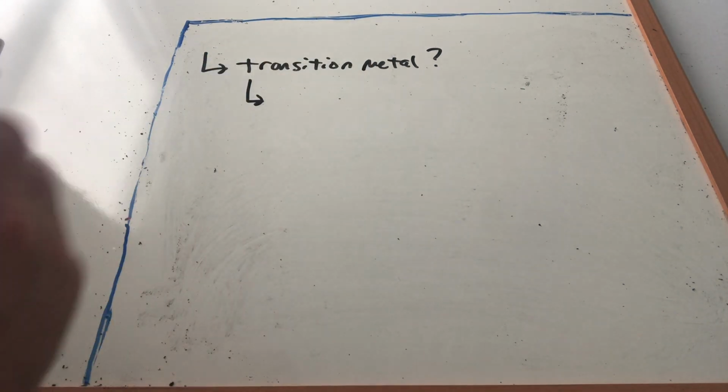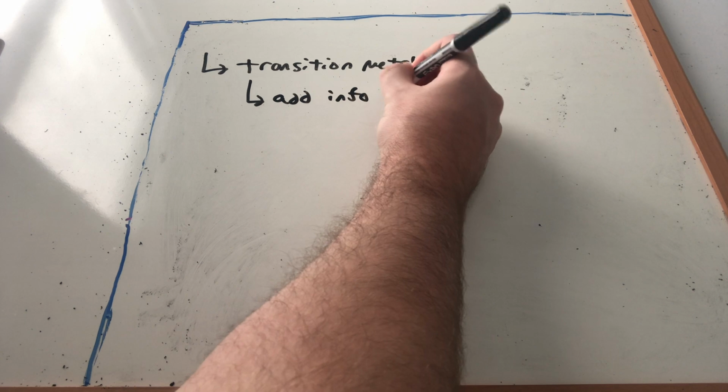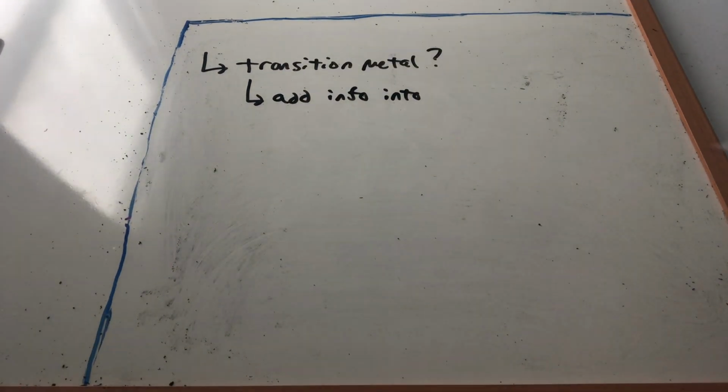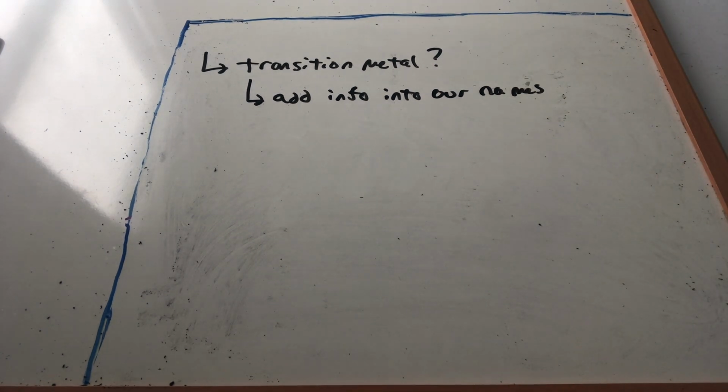Well, with transition metals, you don't know what the charge is, and there could be multiple charges. And so what we have to do is add information into our name. Because iron is sometimes +2 and +3 and +4. And same with cobalt, same with silver, because there are various charges there and there's no set and true pattern in that transition metal block.